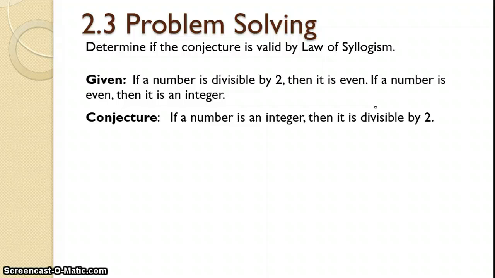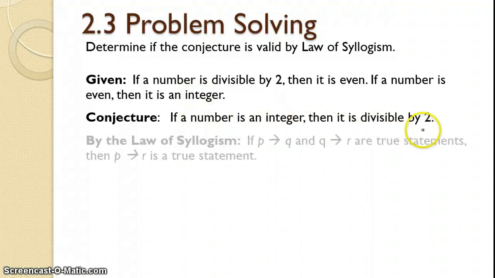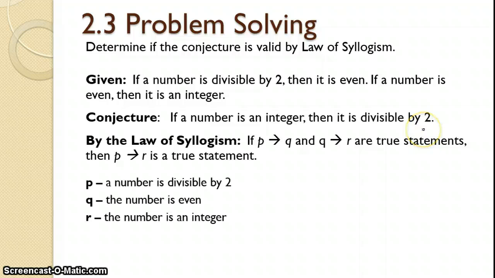Our next law of syllogism, let's see if this works. If a number is divisible by 2, then it is even. If a number is even, then it is an integer. So given our P and our R, if a number is an integer, then it is divisible by 2. So using our law of syllogism, our P, Q, and R, is this a good conjecture?